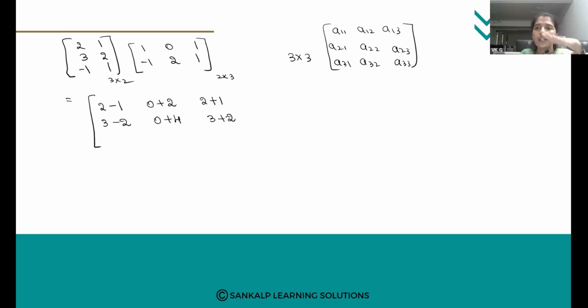Next, third row. Third row with the first column: minus 1 into 1, minus 1, plus 1 into minus 1, minus 1. Next, minus 1 into 0, 0, 1 into 2 is 2.